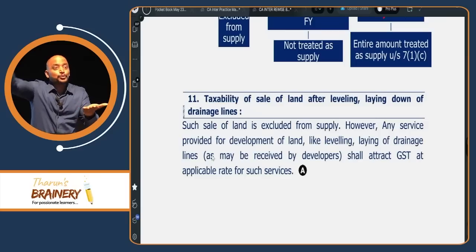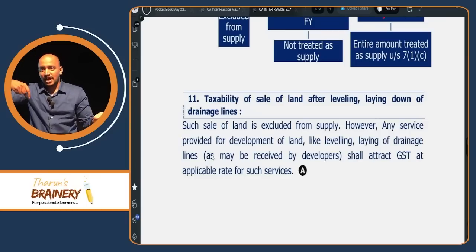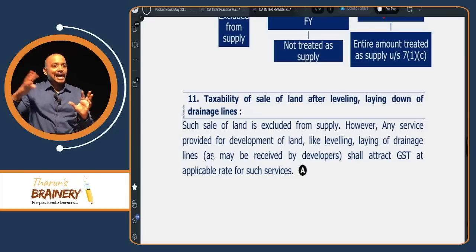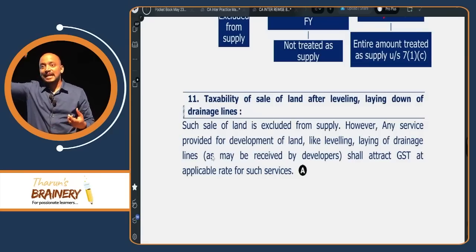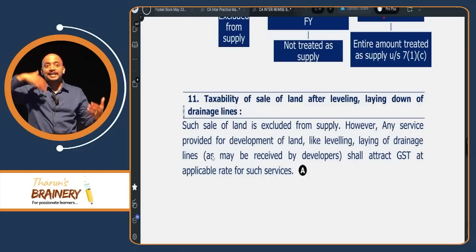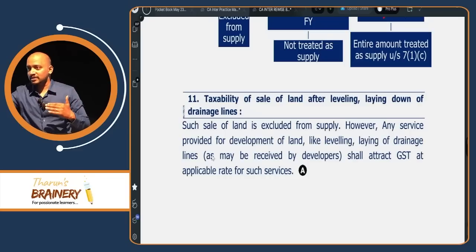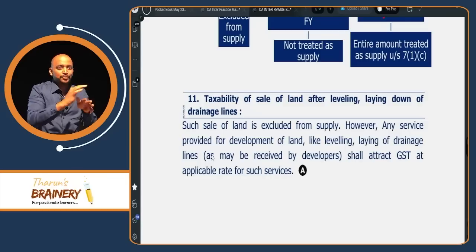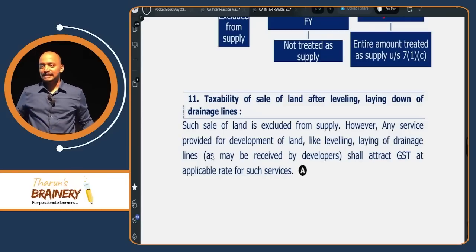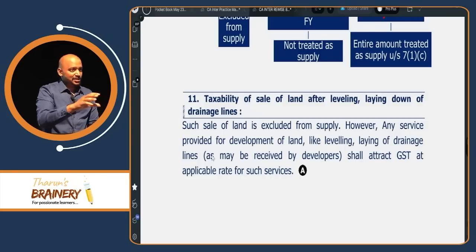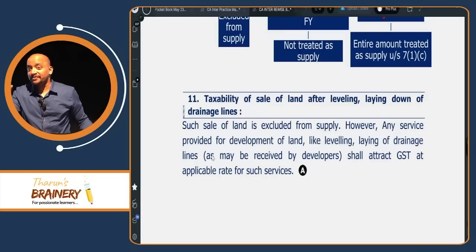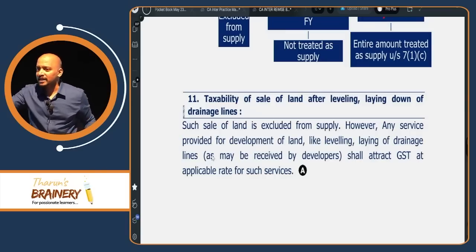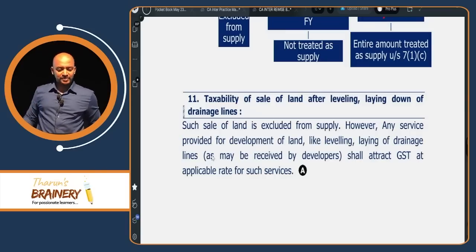They will divide it into plots like 1200 square feet or 1800 square feet, and put drainage lines, electric lines, etc., and then sell the developed plots. Sale of land as such or after development, both are sale of land only. So sale of land is excluded from supply.